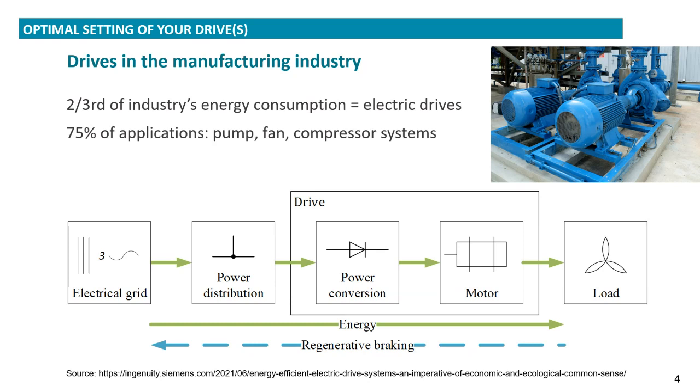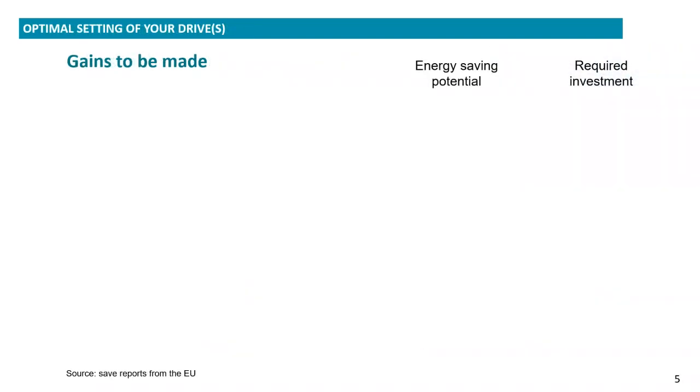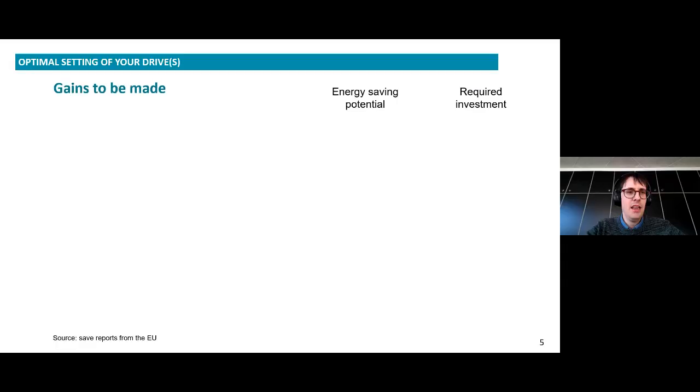Even more, 75% of the applications of those drives are pumps, fans, or compressor systems, so are typically non-dynamic loads. And those are the purpose of today's presentation. And there have been lots of publications and lots of topics on how to reduce energy consumption with these drives.